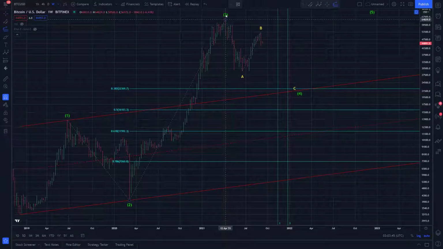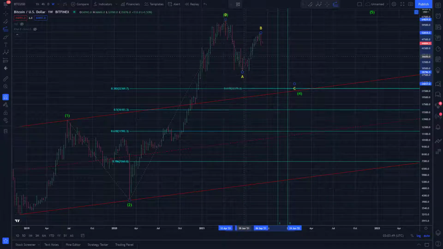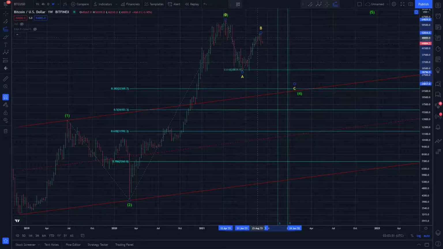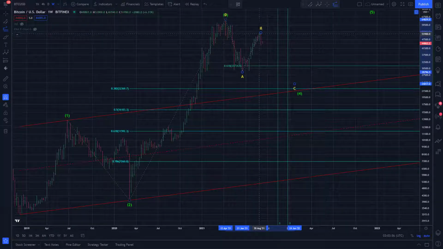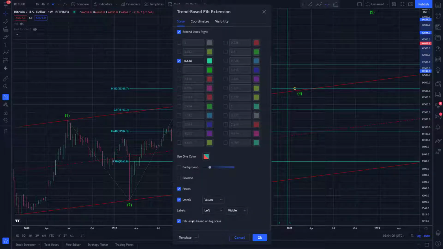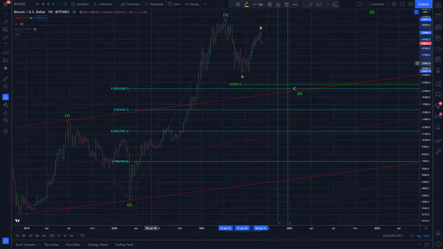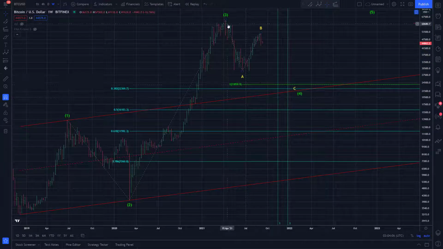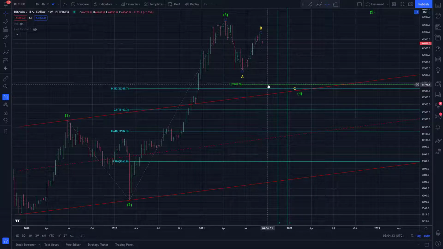Now let's do some other things. Let's make a couple assumptions that this is our 5 waves down for A. Now it's interesting how you can count this B wave, but let's just say it's 3 waves up for the B. And then we'll do some AC relationships, and again, make sure it's based on log scale. So in log scale, if the C wave were equal to the A wave from where the B wave just peaked here, that would bring us down to 23,859.